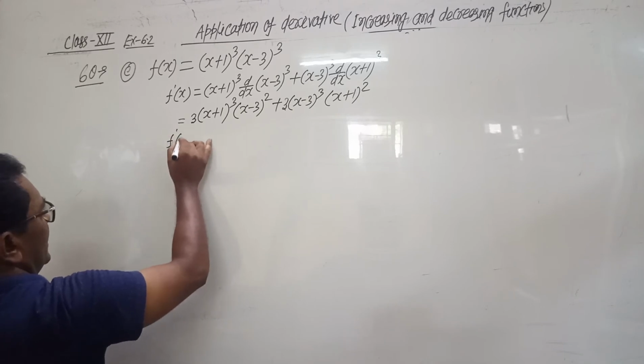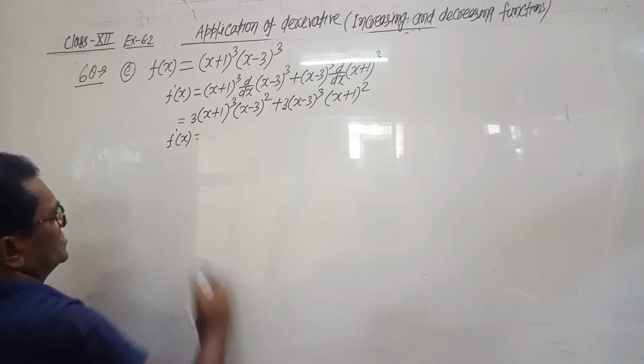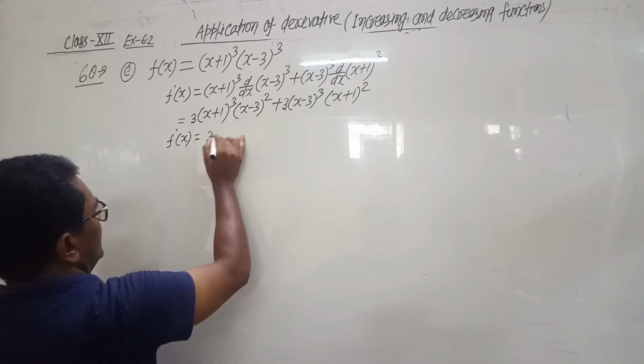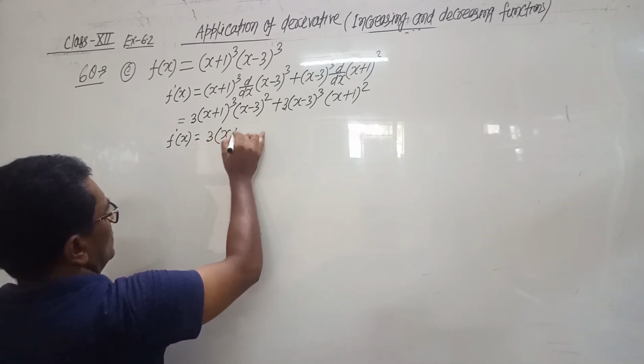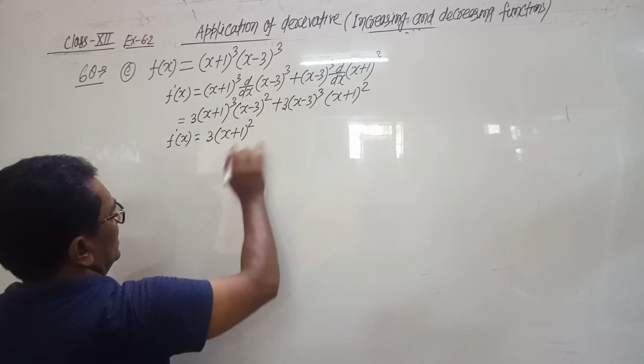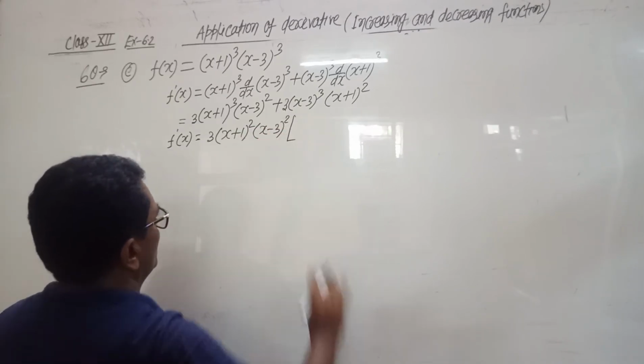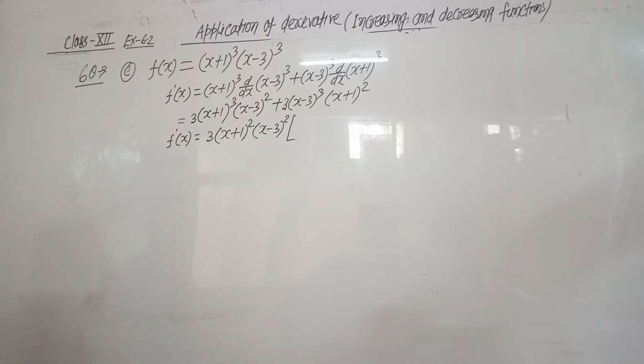Now take common from both the terms. 3 is common, and x plus 1 the whole square is common, then x minus 3 the whole square is common. We have taken common 3 into x plus 1 the whole square and x minus 3 the whole square.